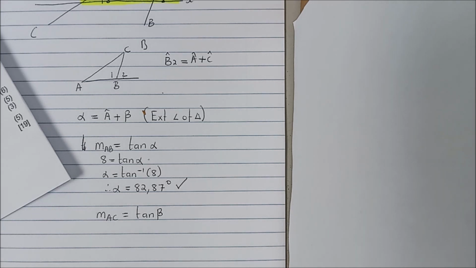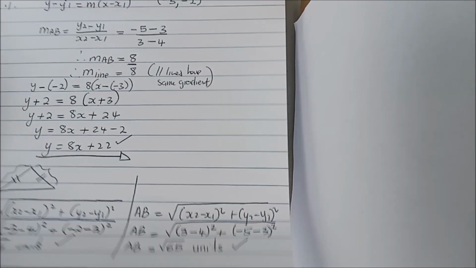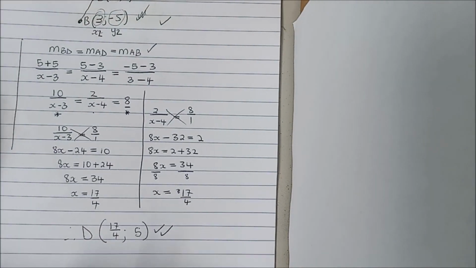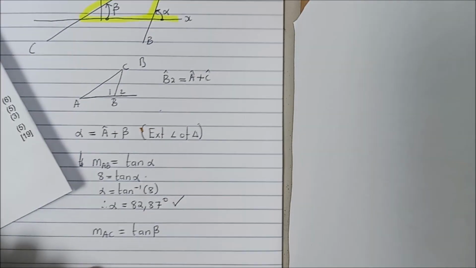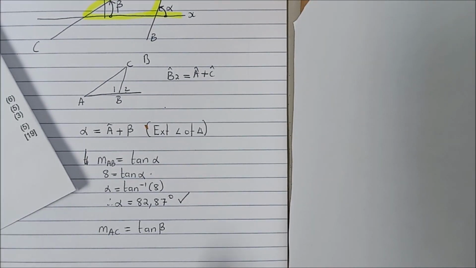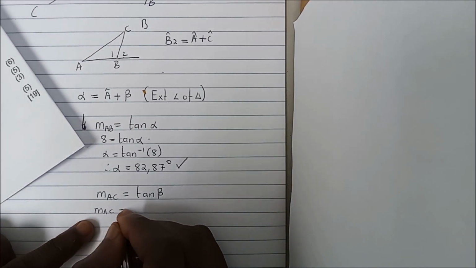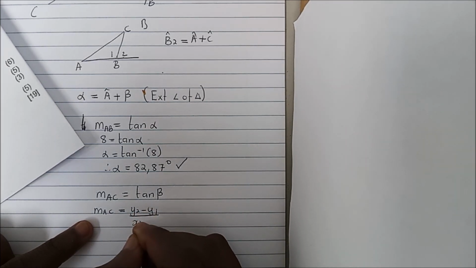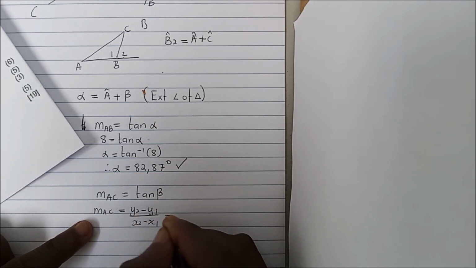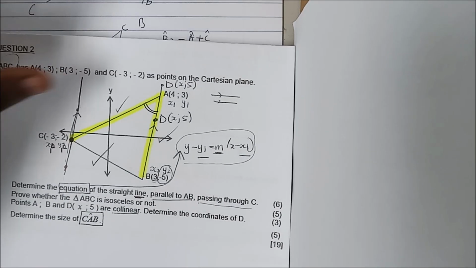So now how will we find the gradient of AC? Let's go back. Okay, we're going to have to find it manually. So the gradient of AC will be y2 minus y1 divided by x2 minus x1. So now we go to AC.